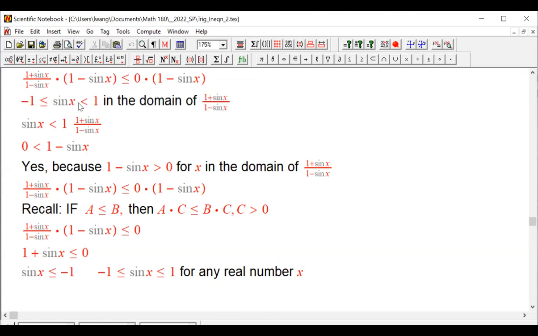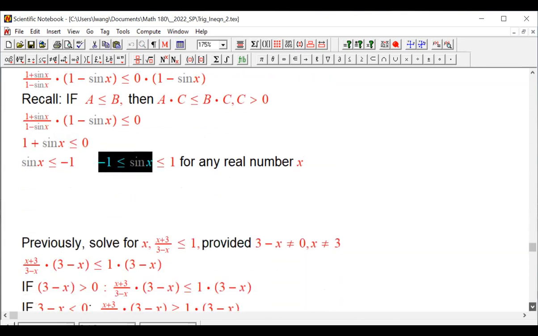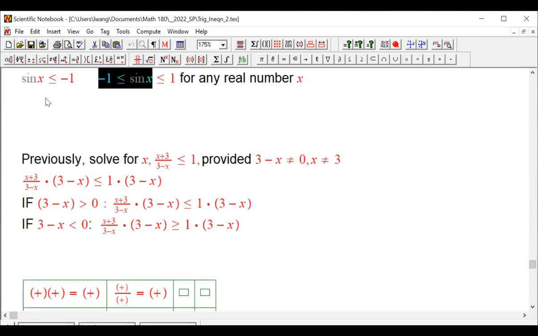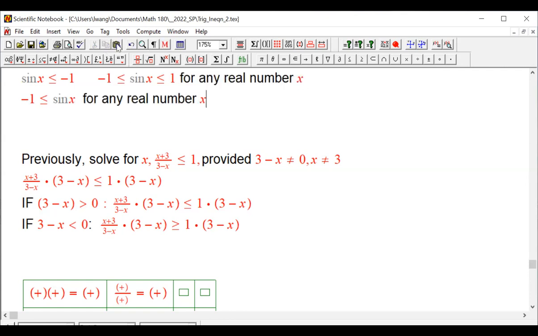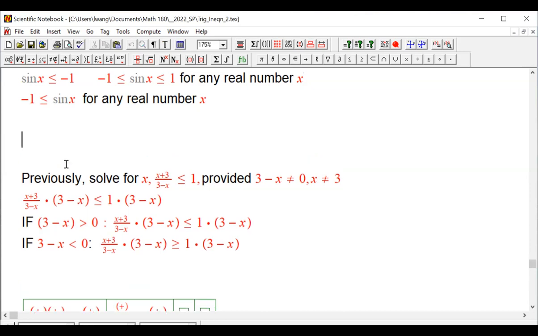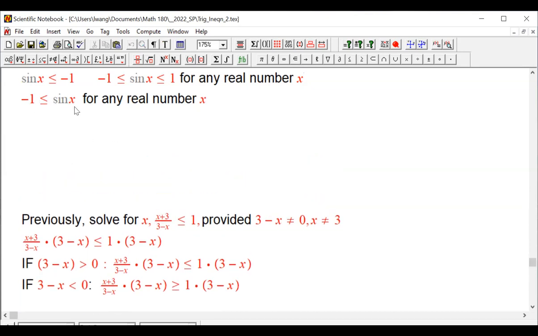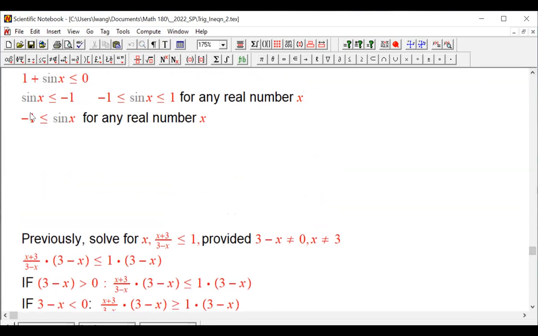If we just take this part, that is true for any real number. Now, sine x is less than or equal to -1, and sine x is always greater than or equal to -1.